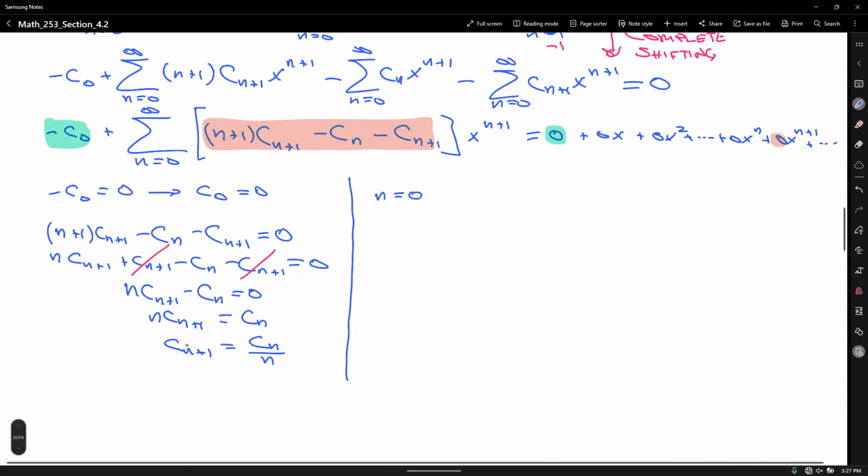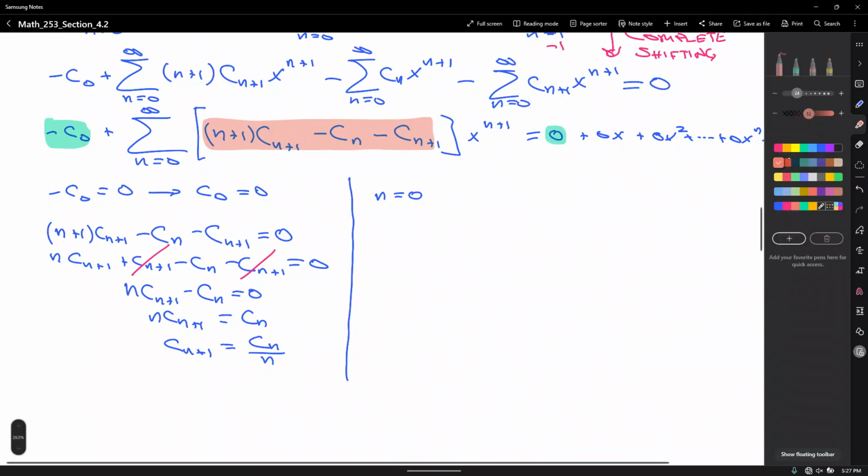So substituting in the recurrence relation, which actually let me highlight it for you. We're going to use this relation to get the coefficient. So c sub 0 plus 1, isn't that c sub 1? Okay, c sub 1 equals c sub 0 divided by 0. Oh, wait.